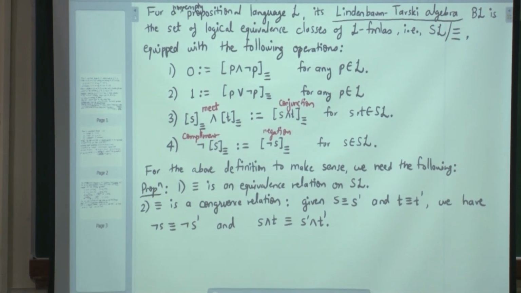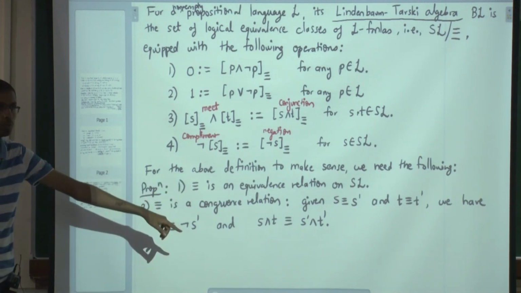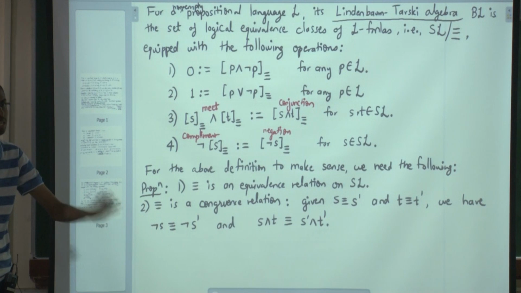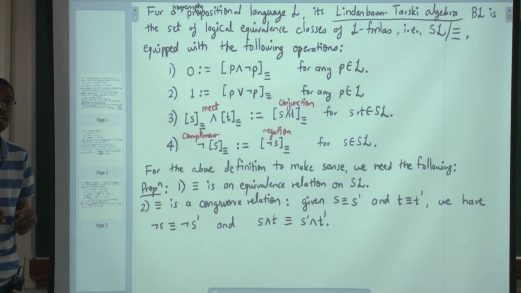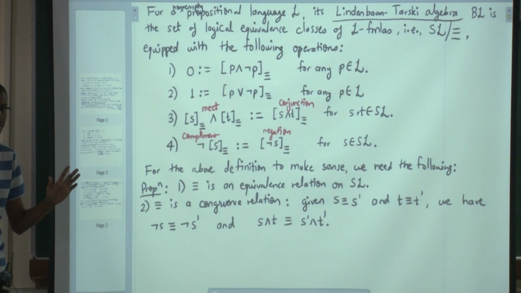Given a valuation V, V of S conjunction T is true if and only if S and T both are true for V, if and only if S prime and T prime are both true for V, and if and only if V of S prime conjunction T prime is equal to true. You can write these two lines.